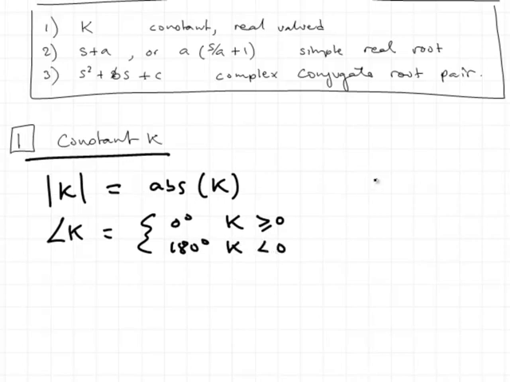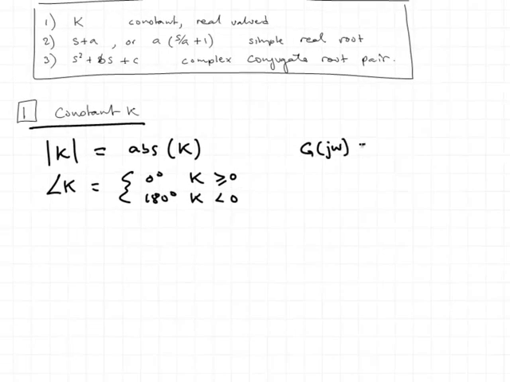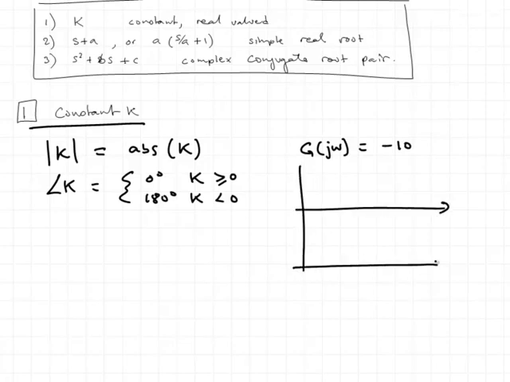So if our transfer function were something as simple as minus 10, that would say that whatever this system is, it has a gain of 10, it amplifies whatever comes in by a factor of 10, but it flips the sign.